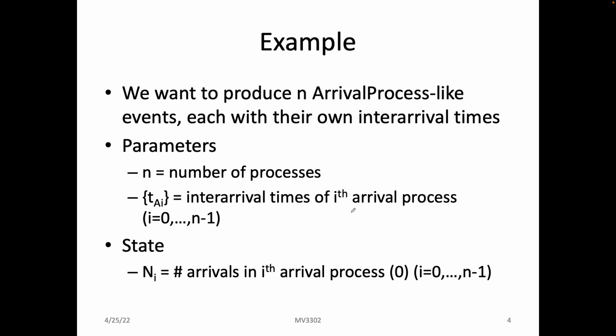Okay. So let's look at a simple example of this. Supposing we wanted n arrival process-like events, each with their own intra-arrival times. In other words, every time we've been using the arrival process, it produces a sequence of arrival events, but with no argument.